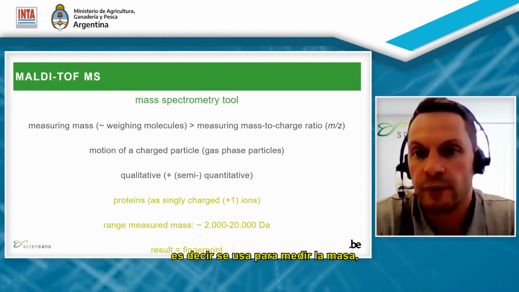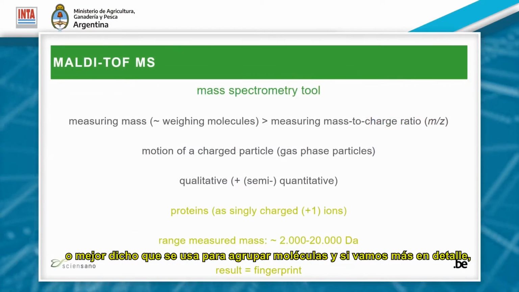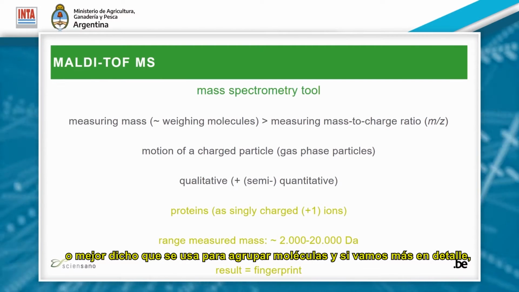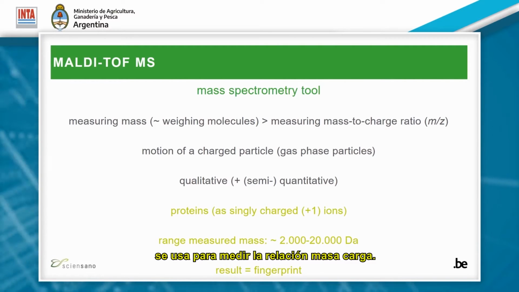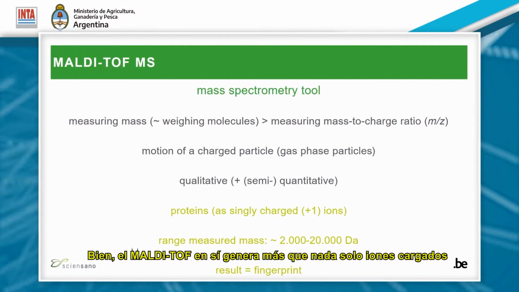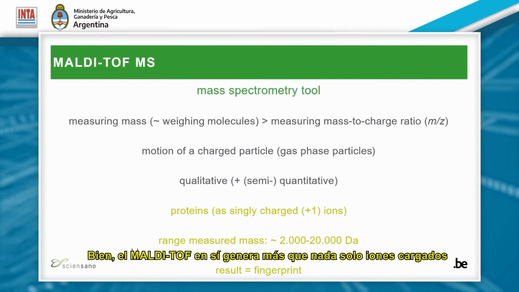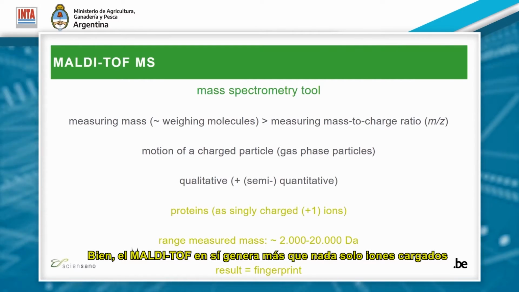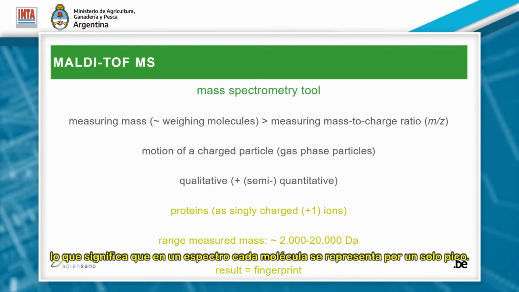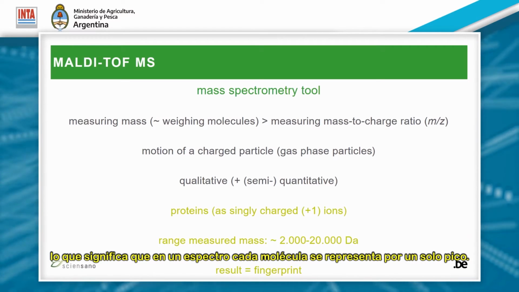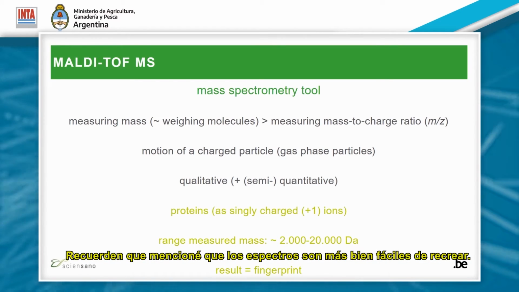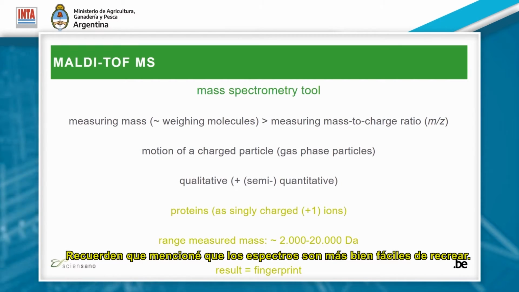So we are measuring the mass, it's better to say we are weighing molecules, and even more correctly, we are measuring the mass to charge ratio. Now, MALDI-TOF itself, it generates mostly singly charged ions, which means that in a spectrum, each molecule is represented by only one peak. Remember what I said about the fact that spectra are relatively simple.